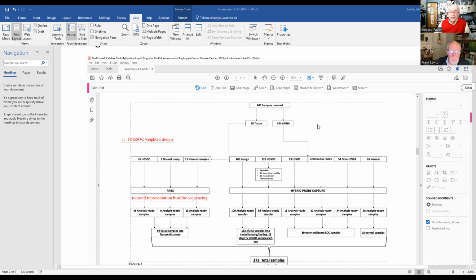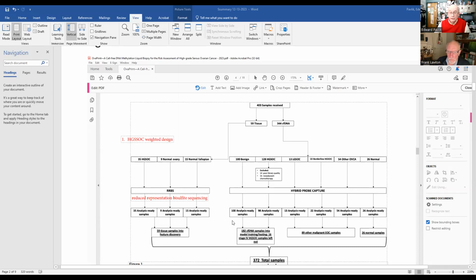So if we look at really how they went about doing this, what we'll see is that they've got an arm here, which is their exploratory arm to develop what they're doing. They've done this arm heavily weighted with high-grade serous ovarian cancer.